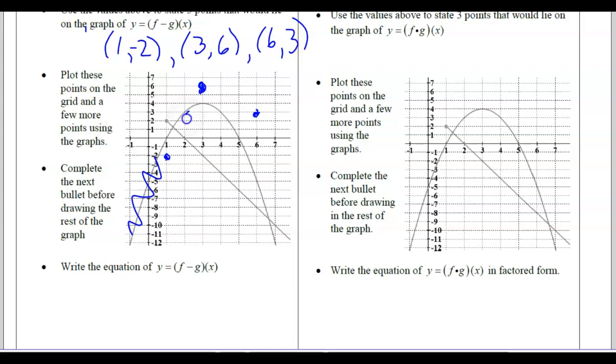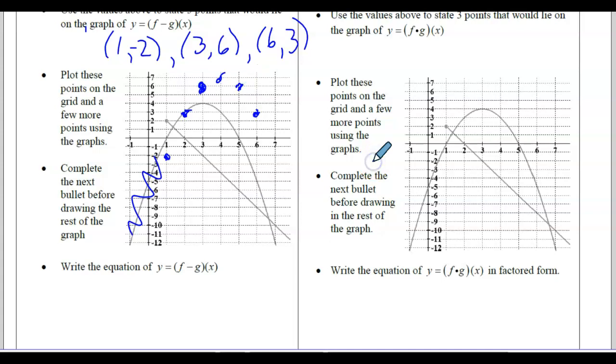So that's going to stay at 3. Then next one, when x is 4, that's 3 minus negative 4. That's going to be 7. And then at x is 5, that's going to be 0 minus negative 6 is 6. Okay, I apologize for my dots. I'm doing this sort of by hand.